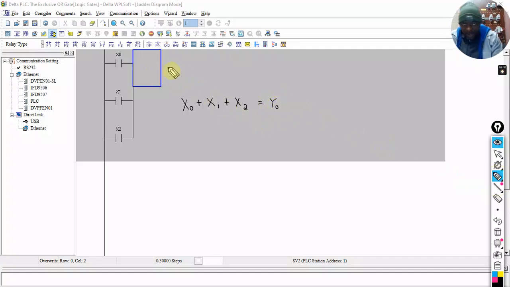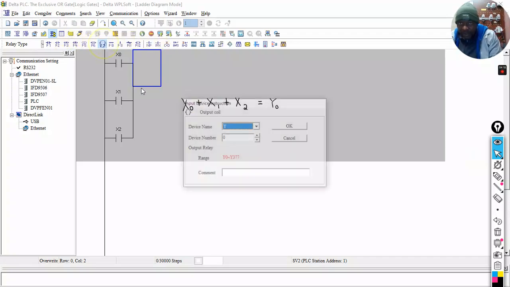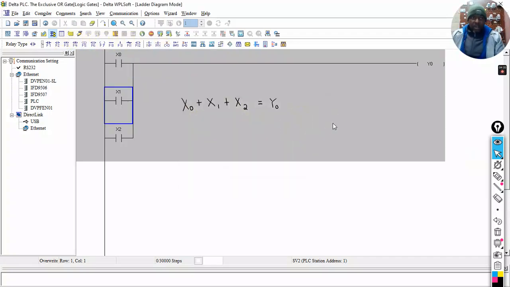So let's say, if this was our output, we can come here and click. We have to select a tool, we come in F7, and you say Y0. So now this here is what an inclusive OR is, we explained this before with 3 inputs. So this is what we call an inclusive OR gate.